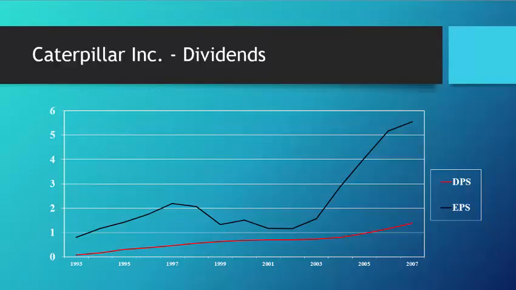Let me also point out that in 1993, the dividend in Caterpillar was 7.5 cents. Every single year from then until now, their dividend has gone up, some of it not much.